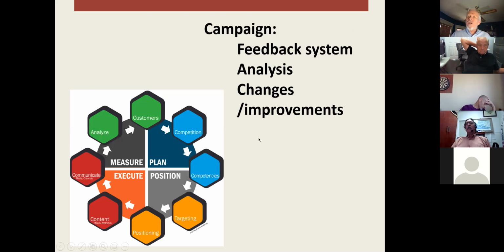Now, we're also going to just talk about this a second. We will have more on this later, but in another session. When we get past this content and communicate, the execution phase, we have an analyze, which includes a feedback system and analysis. And then you can make changes to your plan. And then you're finally ready to go all the way around this thing again. So you have to say, well, what are we going to achieve? How many people will we expect?